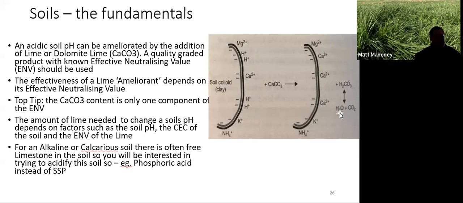We're getting carbon dioxide and water given off, and those hydrogen ions are taken up in these carbonate and water molecules, leaving the exchange sites to be taken up by other more valuable cations, and also at the same time increasing the pH. So I hope that all makes sense for you.